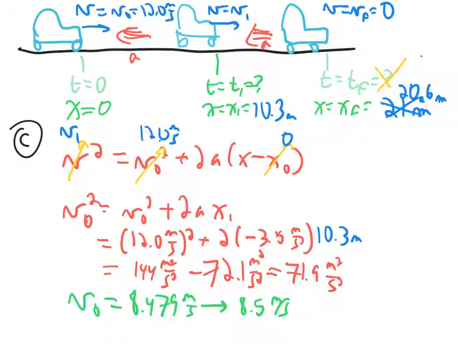So not quite the 9 I was expecting, but rounding to the right amount. And clearly more than 6. We are traveling faster than half our maximum speed because, to recap, we reached the halfway mark in far less than the halfway time. So the acceleration has not had much time to take off velocity, so we have not reached our halfway velocity. We're somewhere between 12 and 6, in this case 8.5.